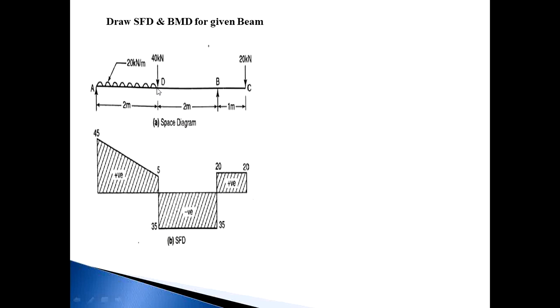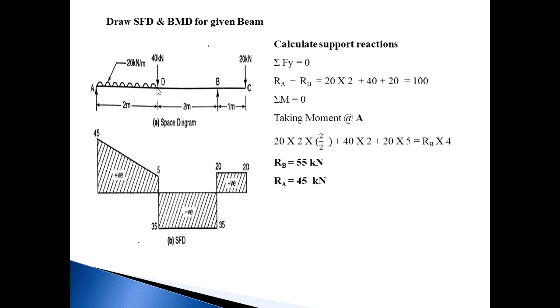So first calculate reactions. First, summation Fy is equal to 0. The total number of forces in the vertical direction is 5: 20 kN first, RB, this 40 kN, the 20 kN per meter UDL, and RA. Out of these 5 forces, RA and RB go in the upward direction and the remaining 3 forces go in the downward direction.